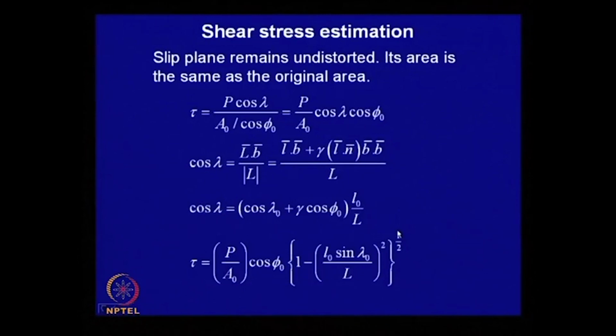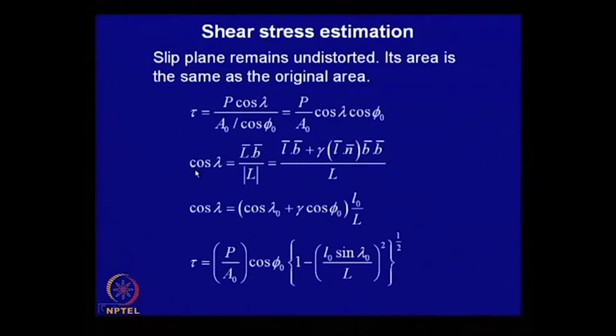Now, how do you calculate shear stress? Shear stress will be defined as the force along the slip direction, which is P cos lambda, divided by this area. So, this is that. Now, it is important, how do you find this out?